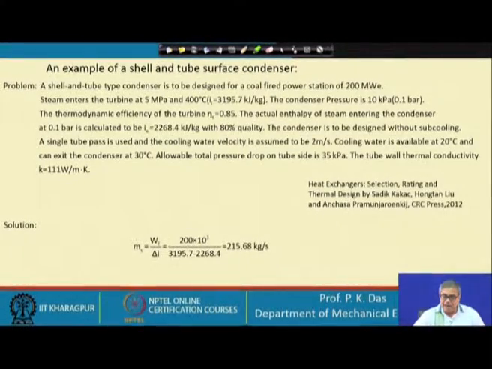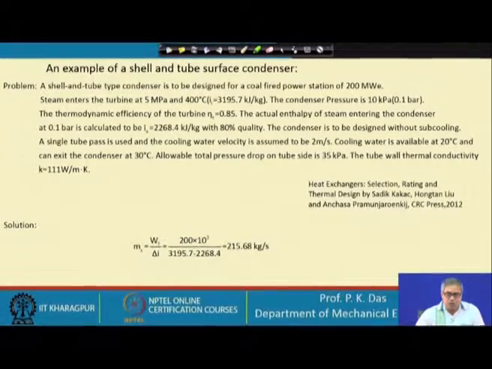Cooling water is available at 20 degrees Celsius and can exit the condenser at 30 degrees Celsius. So, for cooling water there will be a change in temperature, but for steam there will not be any change in temperature, because subcooling is not considered here. The only thing is that the steam quality will change from inlet to outlet of the heat exchanger, and at the outlet the X value or dryness fraction will be equal to 0.